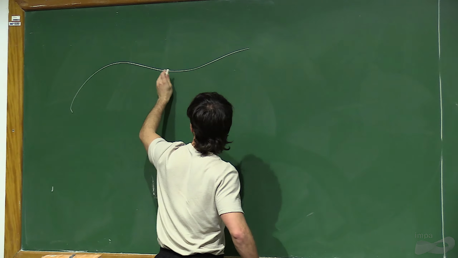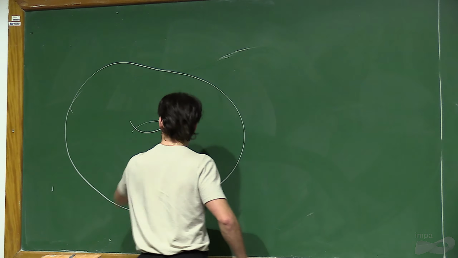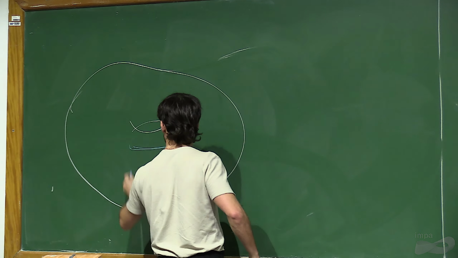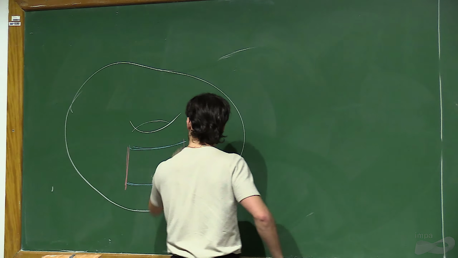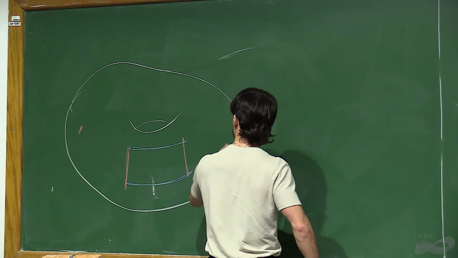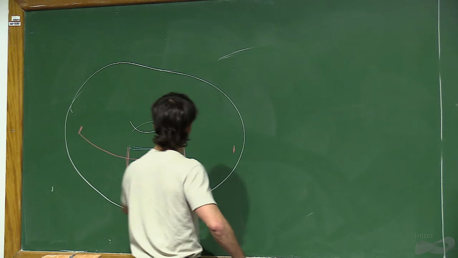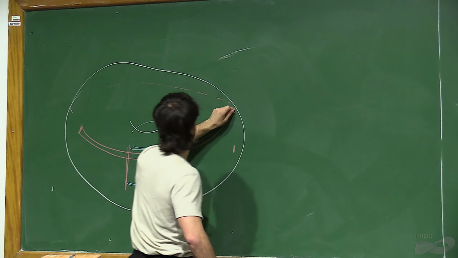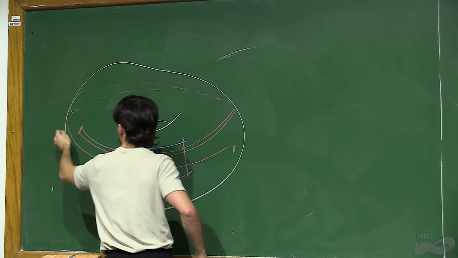You can do this in any surface, but I will take the torus. So imagine you have your rectangle, so like this. And imagine that the iterate goes something like this. So it intersects twice in a Markovian way, which is what you're seeing in the drawing.